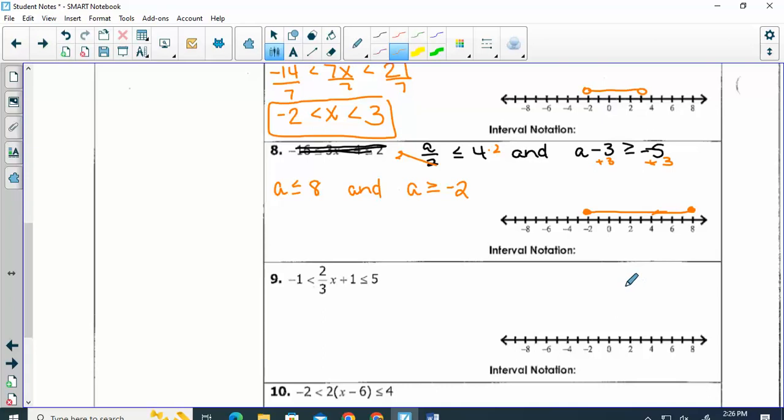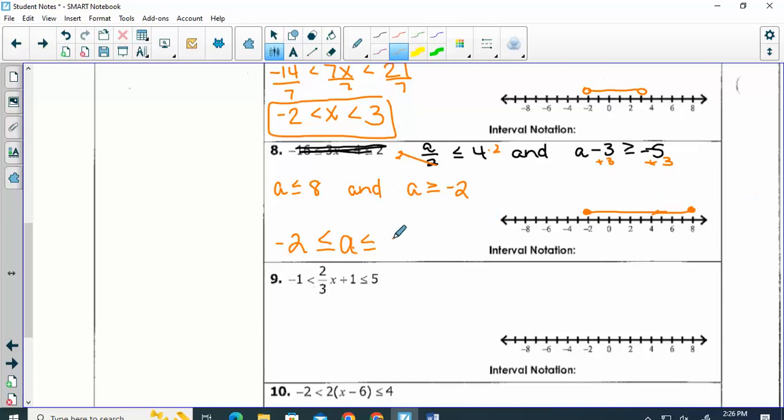Okay. So even though they were written separately, when we graphed them at the end, it was still in between two numbers. For your final answer, I want something like this. So these would be less than or equal to's because we have closed circles. You put the smaller number, so negative 2, less than or equal to, I guess I wrote x, but my variable was a on this problem.